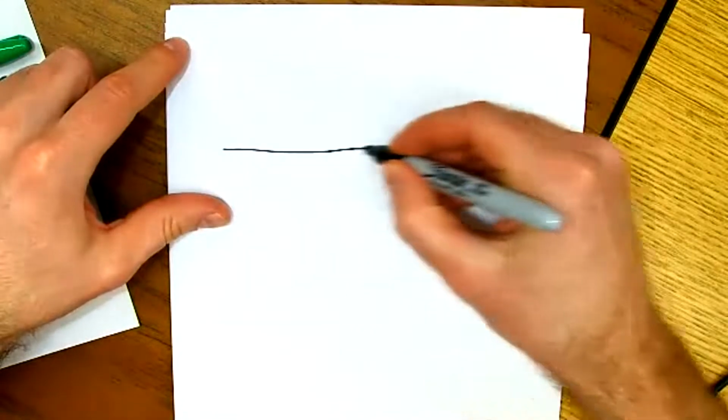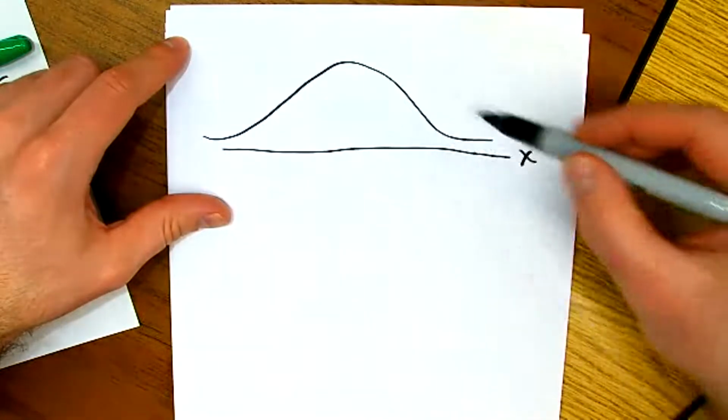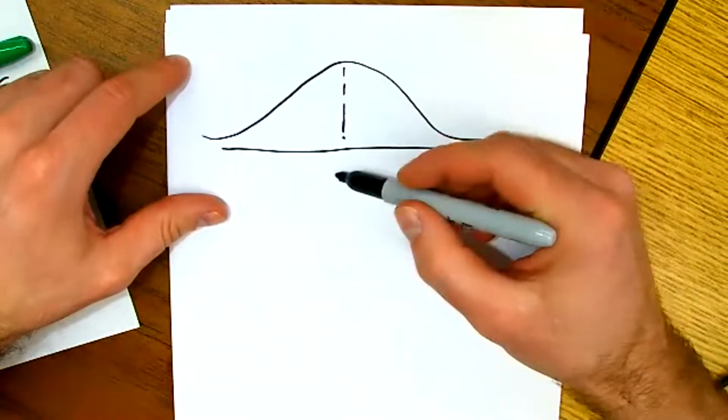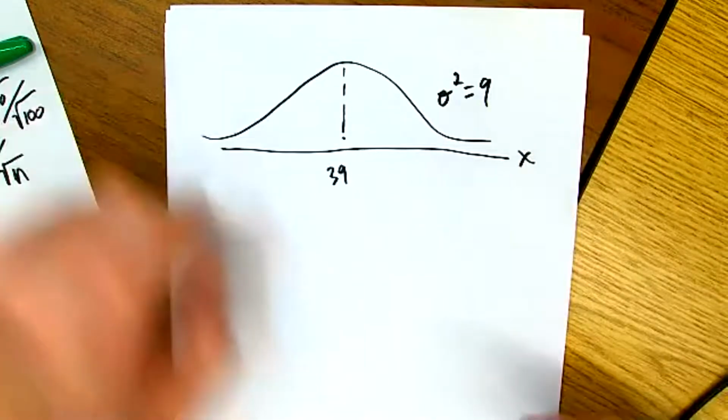You always can start out. You don't need to, but it maybe helps to think about the original variable x. It's the length of the pregnancy. It's got a mean of 39, and a variance, I believe, of 9.